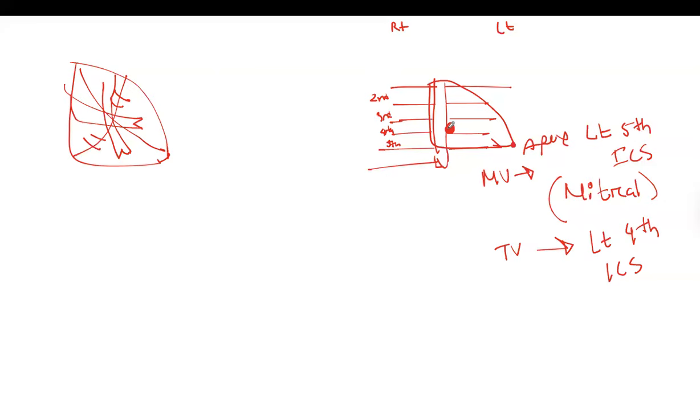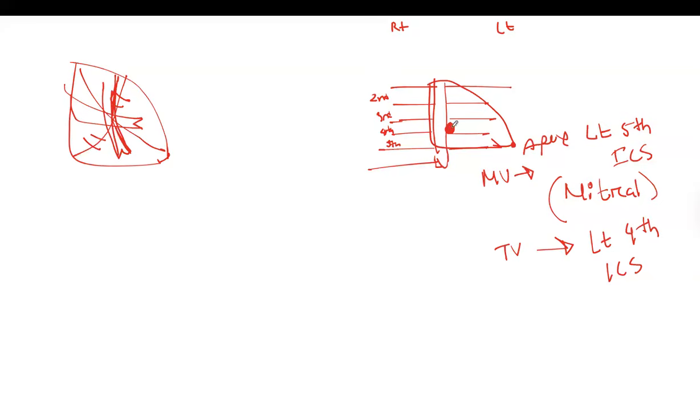Then we have the aortic valve and pulmonary valve. As you see, the pulmonary valve goes from the right towards the left side, like this. That's why you'll see that the murmur of the pulmonary valve is usually best heard on the second left intercostal space, just over there, because it goes like this.